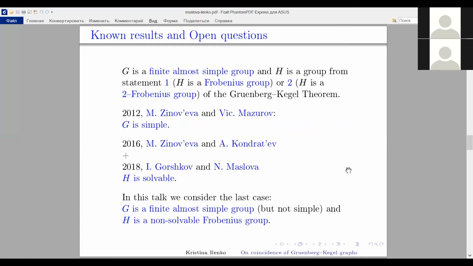Now I would like to cite the results of previous research on the Gruenberg-Kegel graphs. In 2012, Mariana Zinovyeva and Viktor Mazurov considered the cases of coincidence of graphs when G is a finite simple group and H is a Frobenius or a two-Frobenius group.